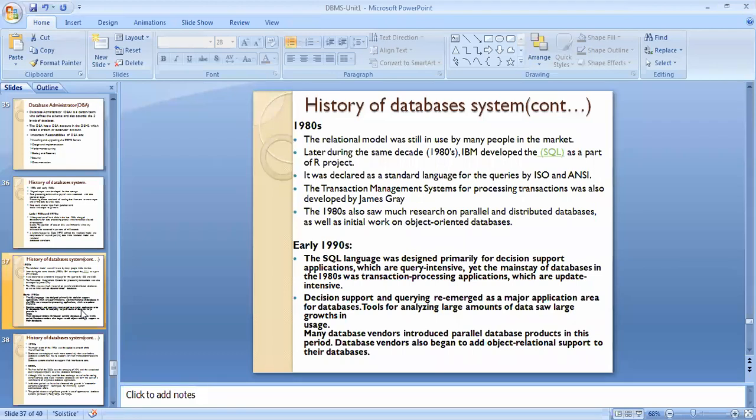Many database vendors introduced parallel database products in this period. Database vendors also began to add object relational support to their databases.